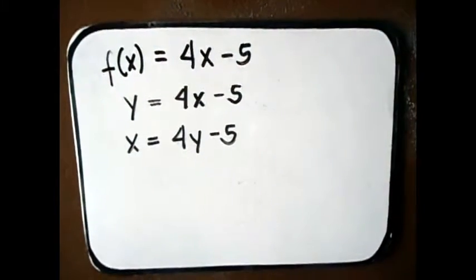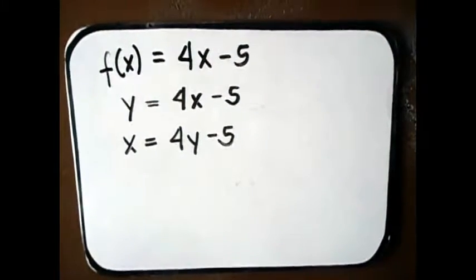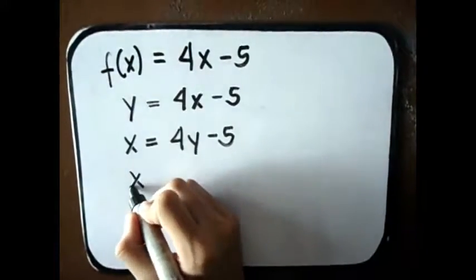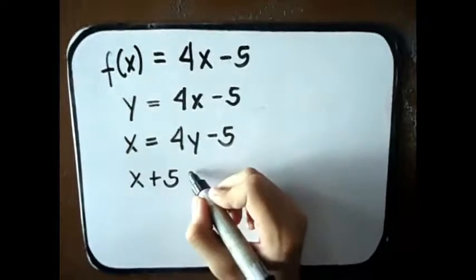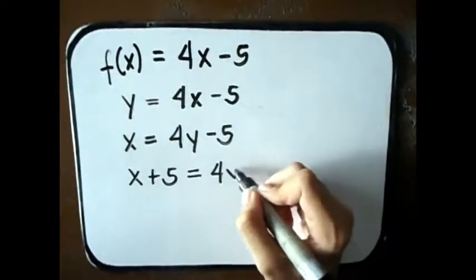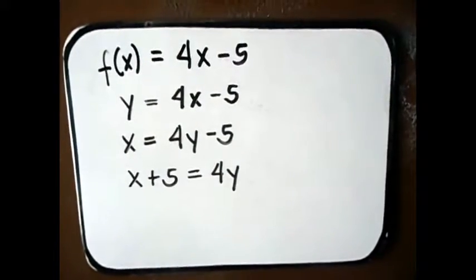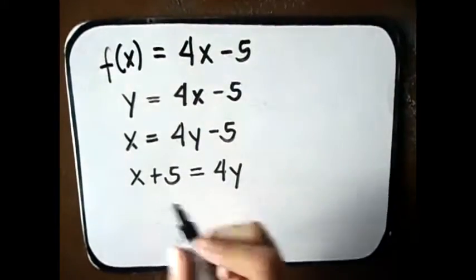Solve for y. We need to transpose negative 5 to the other side of the equal sign. That makes it x plus 5 is equal to 4y. Now, we need to divide both sides by 4 to isolate the variable y.